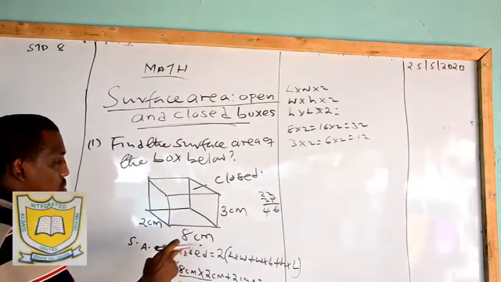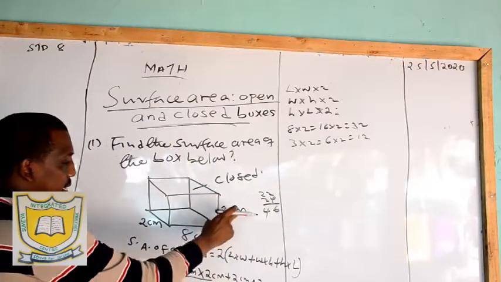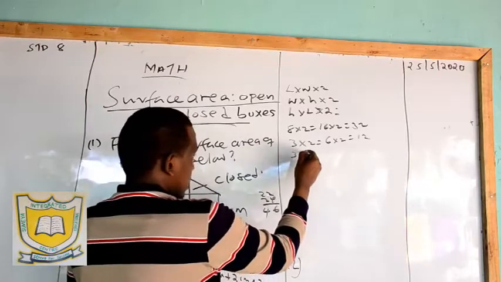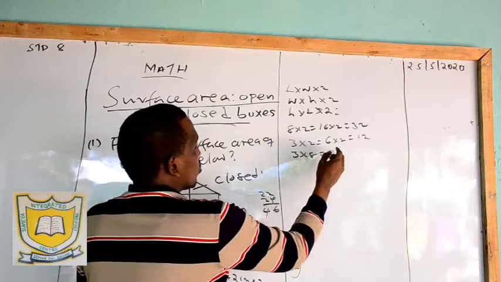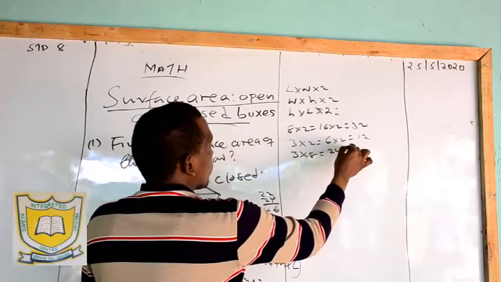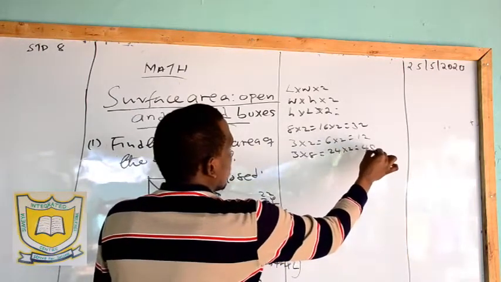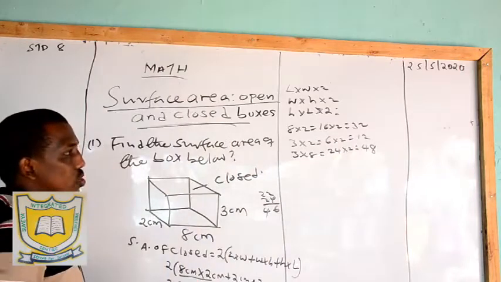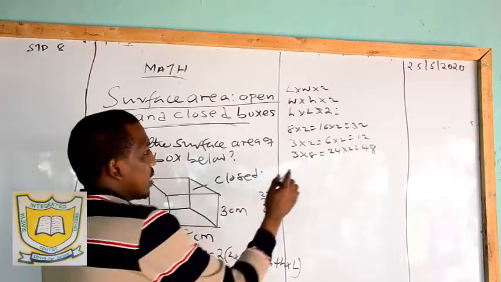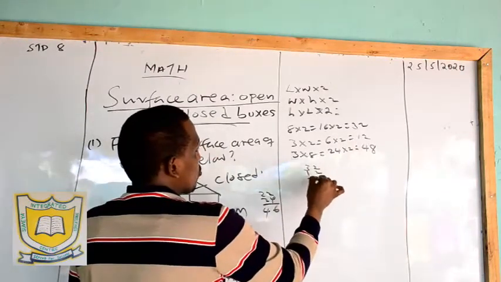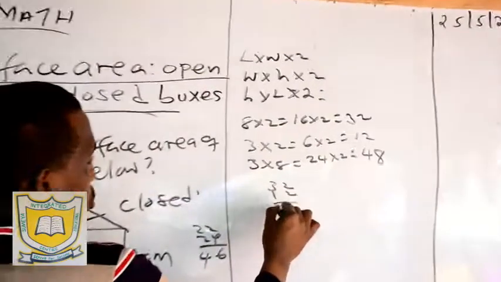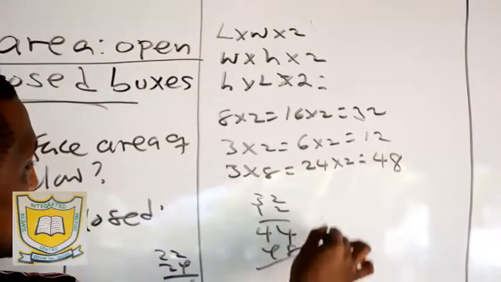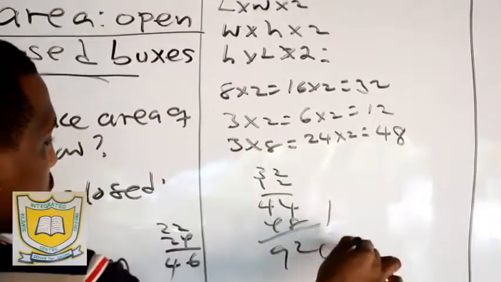Then height times length, 3 times 8, which is 24, times 2, you get 48. When you add now, 32 plus 12 is 44, plus 48, you get 92 centimeter squared.